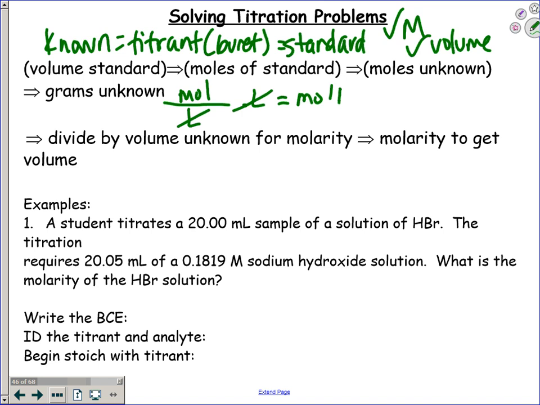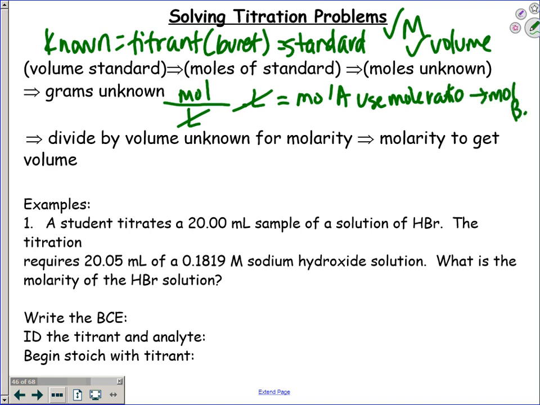Once I get to moles, let's say of the acid, and I want to get to moles of the base, how do I get from moles to moles? The ratio, the equation, what do you mean? The balanced chemical equation. Mole ratio, right. So we're going to use the mole ratio to get to the moles of the other thing, which might be moles of base.